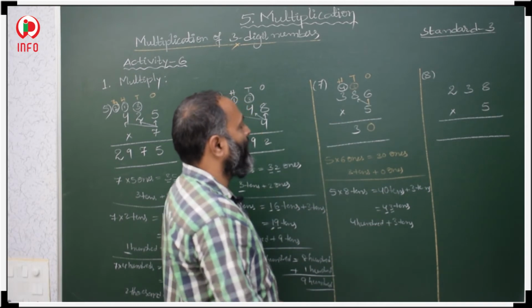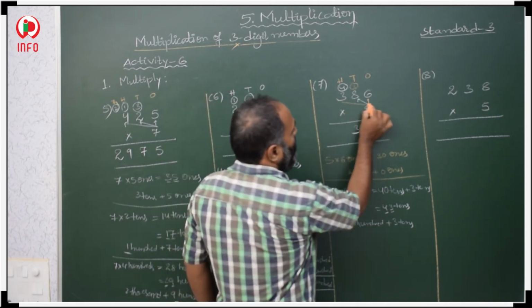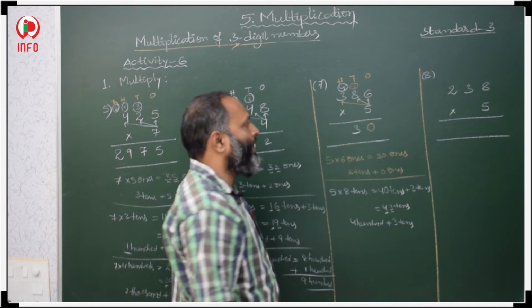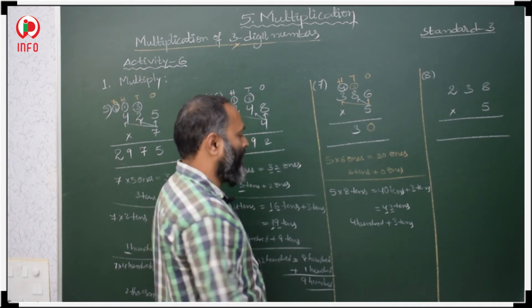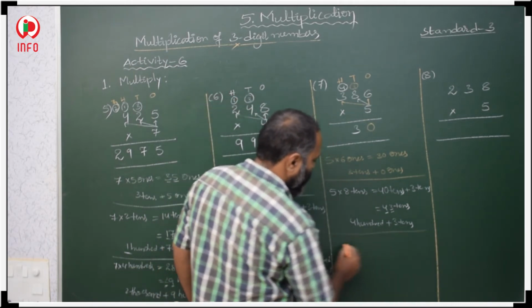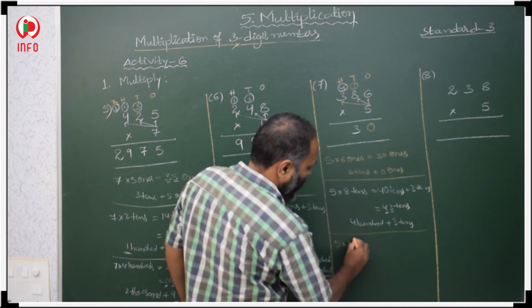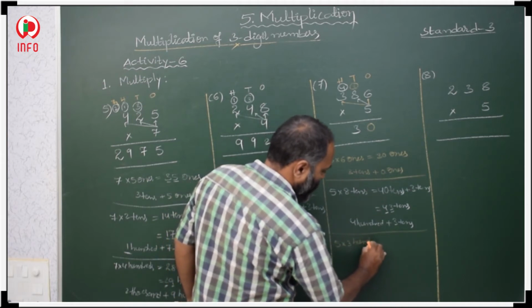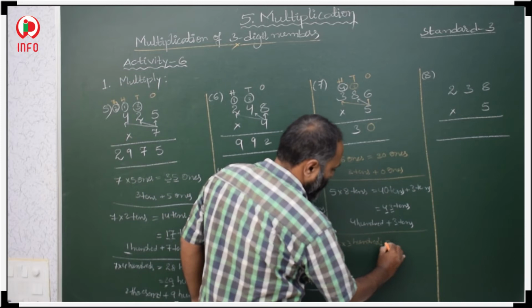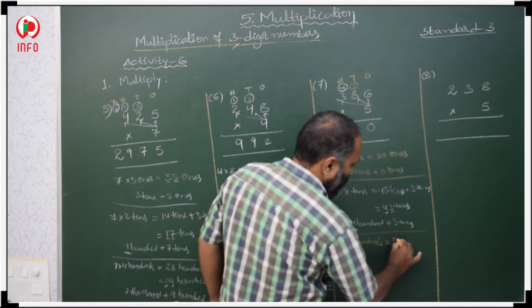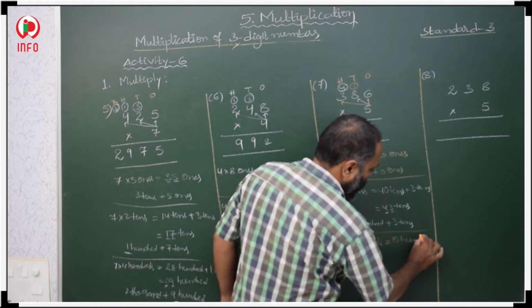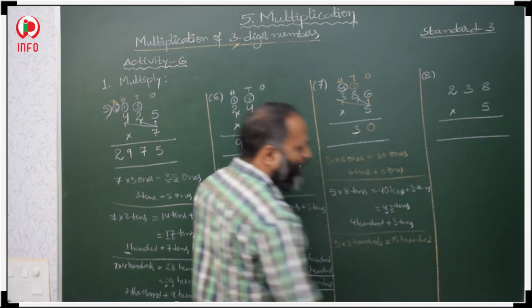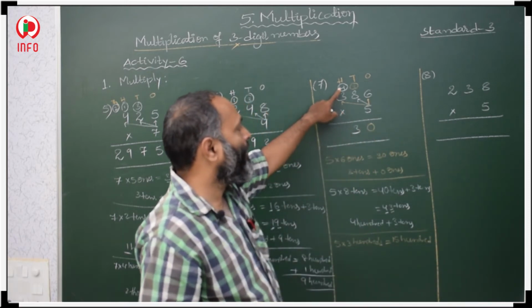Okay. Now 5 with hundreds. What is there in hundreds? 3 is there. 5 with 3 hundreds, 5 3s are 1500. And what is carry over here? 4.